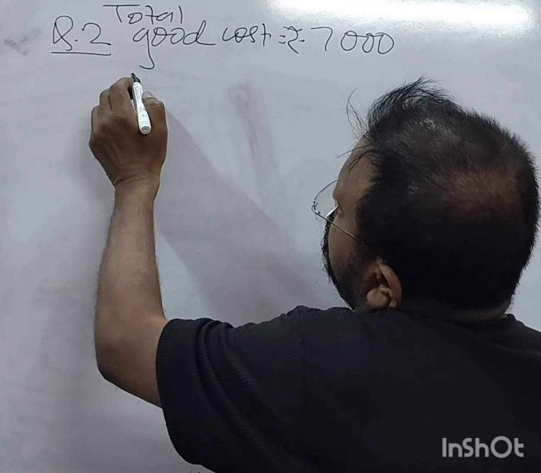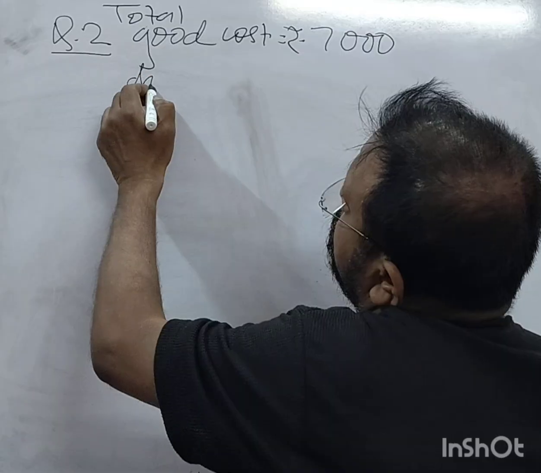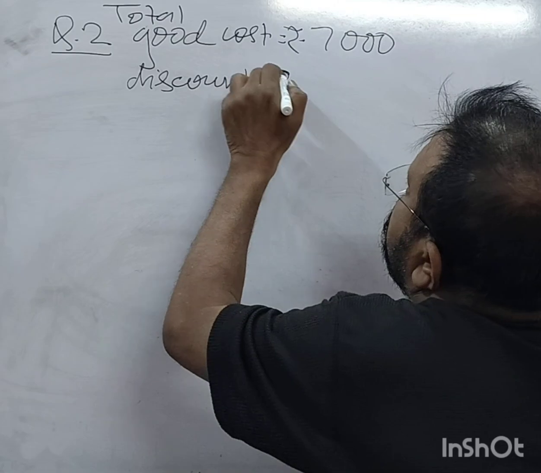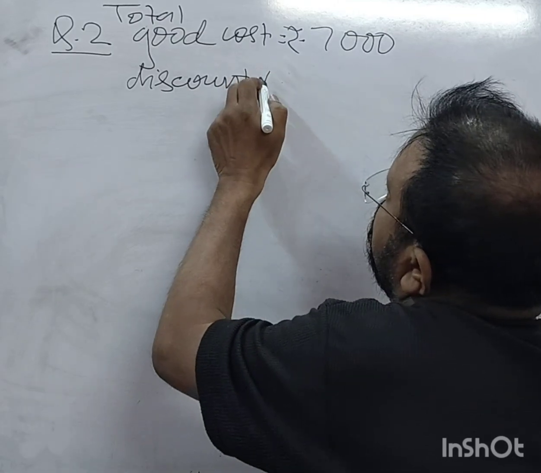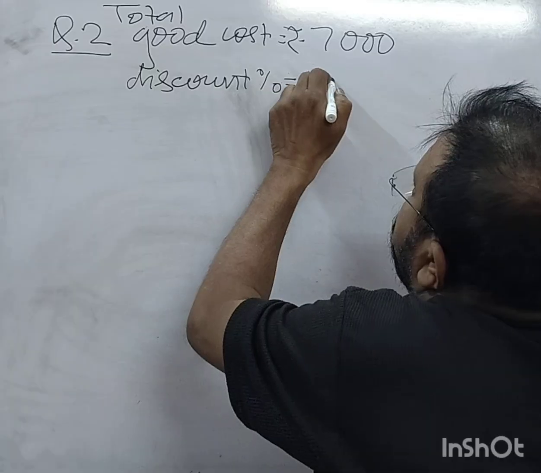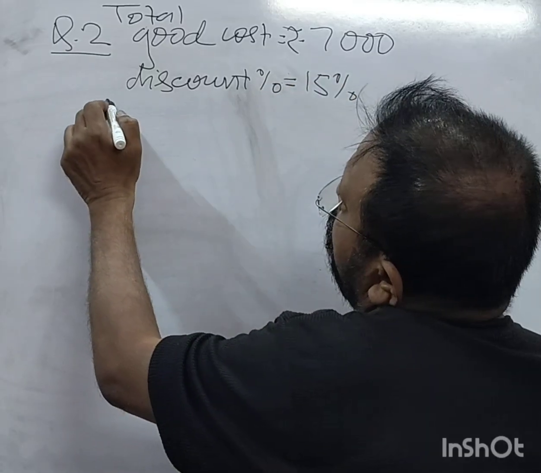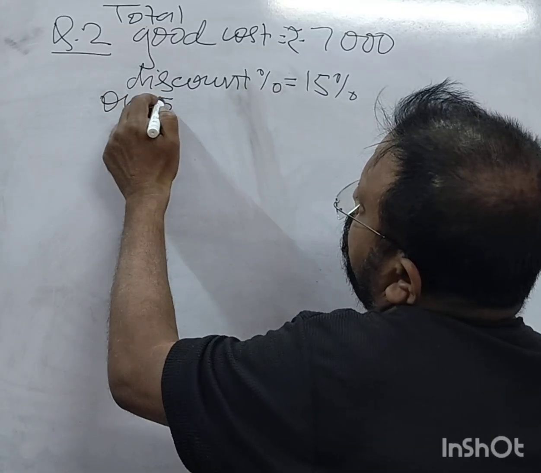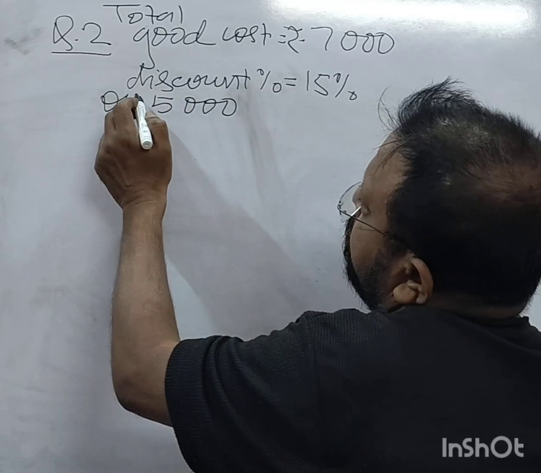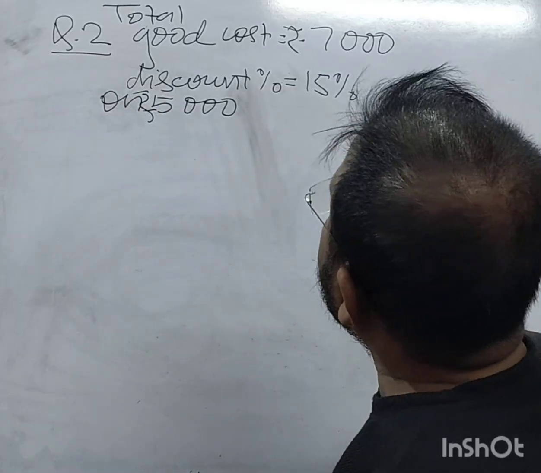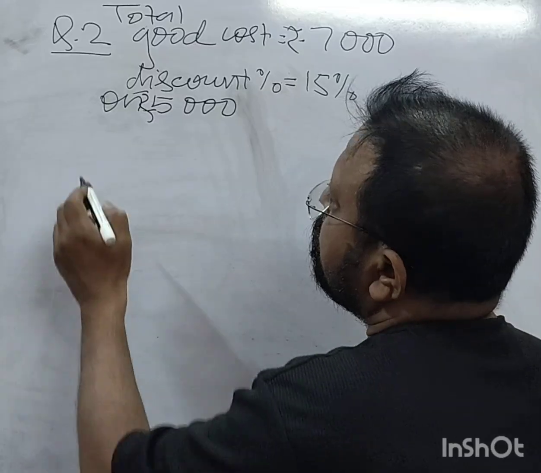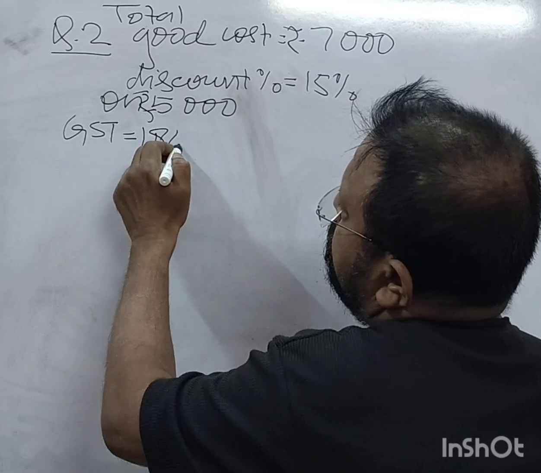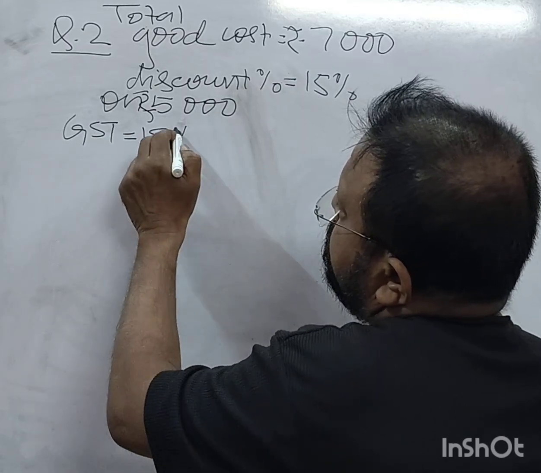Since she has membership card, the discount of 15% on rupees 5,000, right? If GST is paid 18%. GST is 18%.